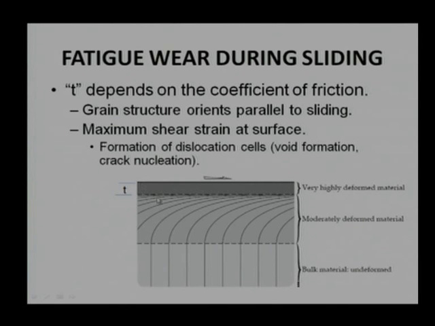So it will happen on the top surface and to some extent below that surface, which is why we say that this top surface is a very highly deformed material, with shear deformation, then moderately deformed, and this is almost an undeformed surface. Now, overall fatigue behavior will depend on the T. What is the thickness T?